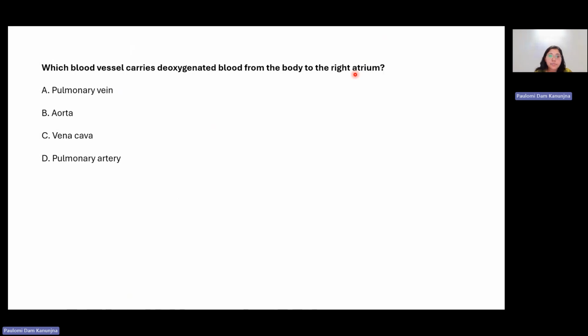Left ventricle. Which blood vessel carries the deoxygenated blood from the body into the right atrium? In other words, it receives deoxygenated blood. So which one takes it to the right atrium? Vena cava, right? From the body into the right atrium.